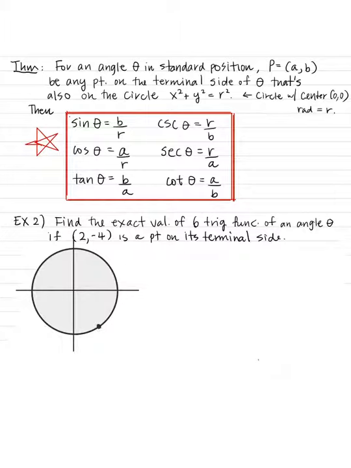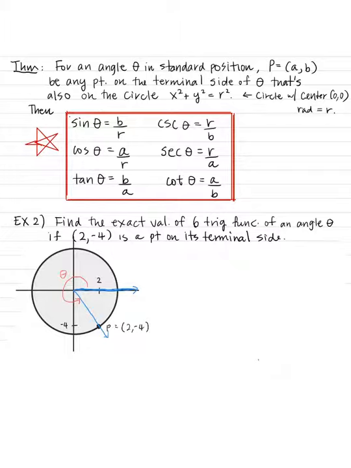Maybe over here is 2, and here's negative 4. Our initial side is of course always the positive x-axis, and then our terminal side is going to be over here. And our angle theta is always measured from the initial side to the terminal side.